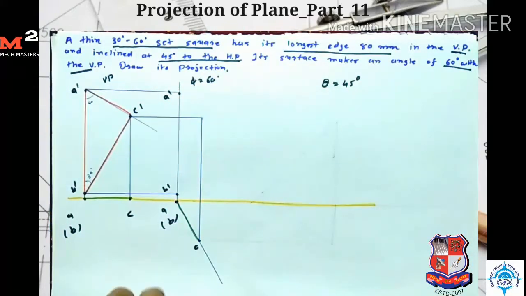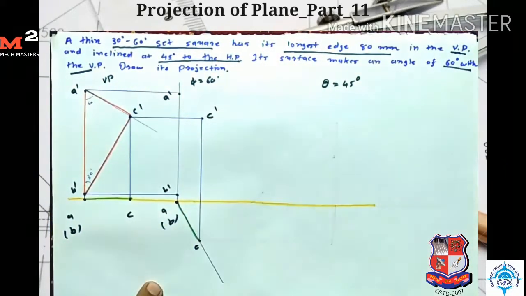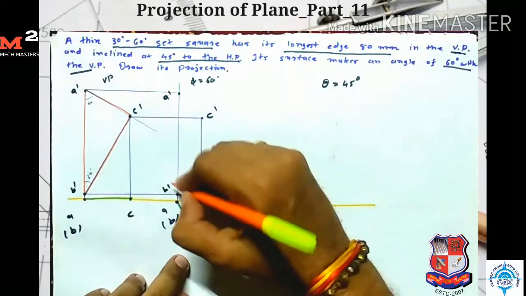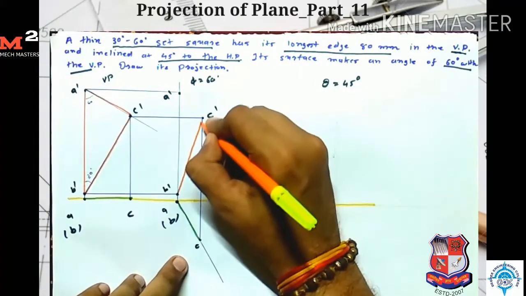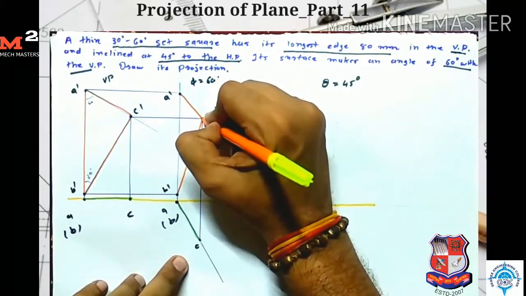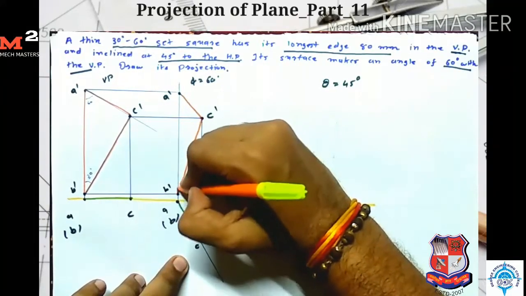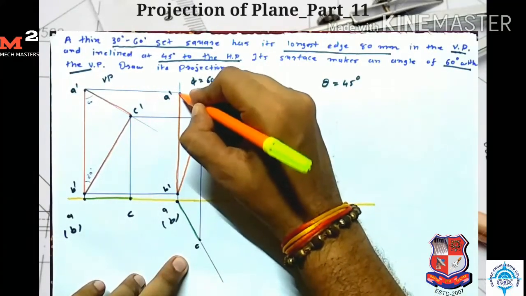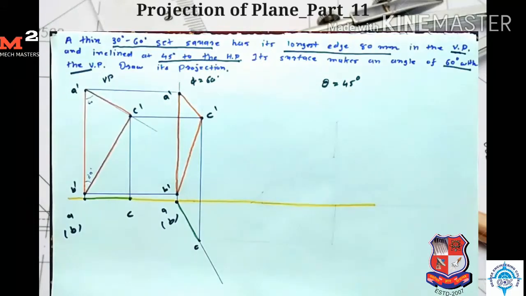So here I get my point C dash. After joining these points, B dash C dash, C dash A dash, A dash B dash, I get my front view for the second stage.